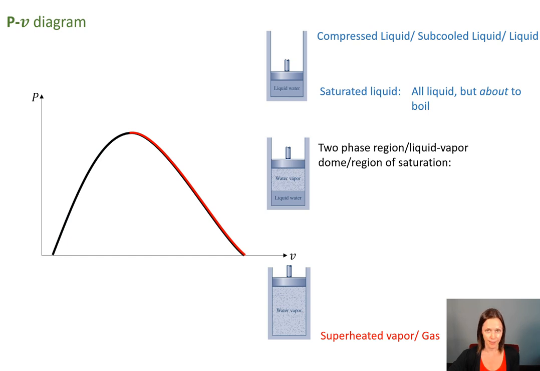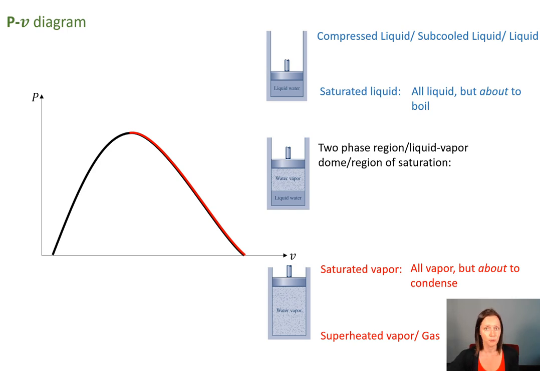If you're on the right-hand side, the line that I've drawn in red, this is your saturated vapor line. And a saturated vapor is still all gas, but it's about to condense. So if you move anywhere to the left, then you'll start to see condensation. You'll start to see liquid water droplet formation, or, well, I say liquid water.